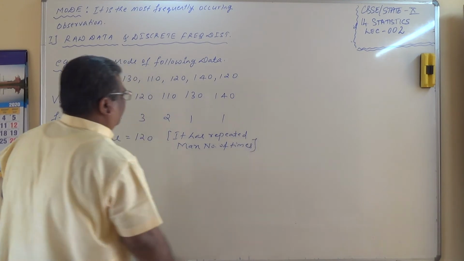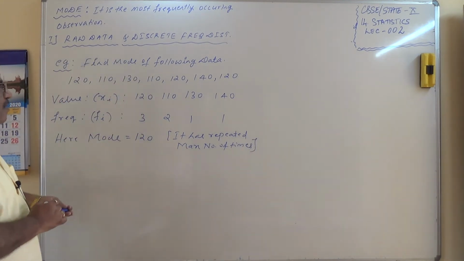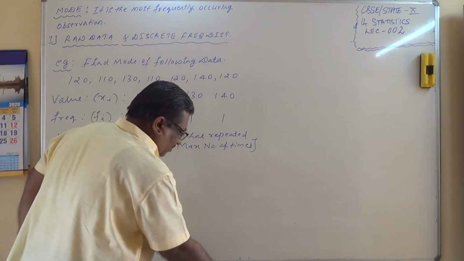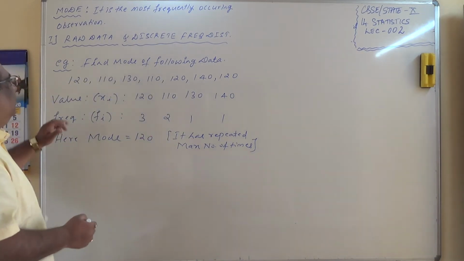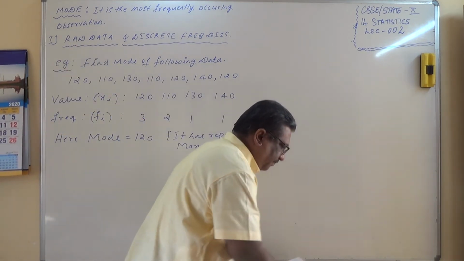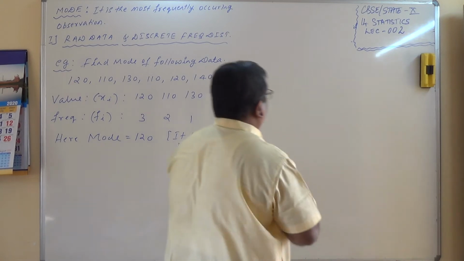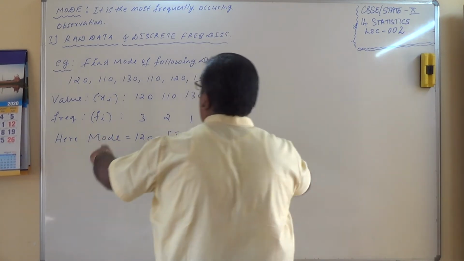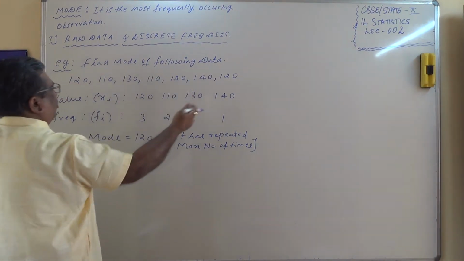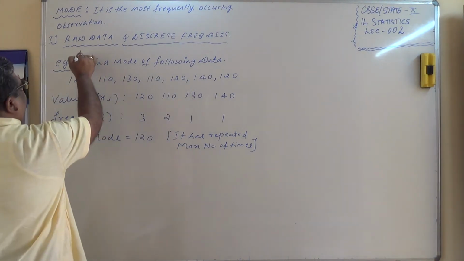Therefore 120 is the most frequently occurring observation, hence the mode is 120. Now let me take the discrete frequency distribution. One example, we'll solve it there. This was for raw data. Of course, by looking at this one, you should be able to understand that this is raw data.